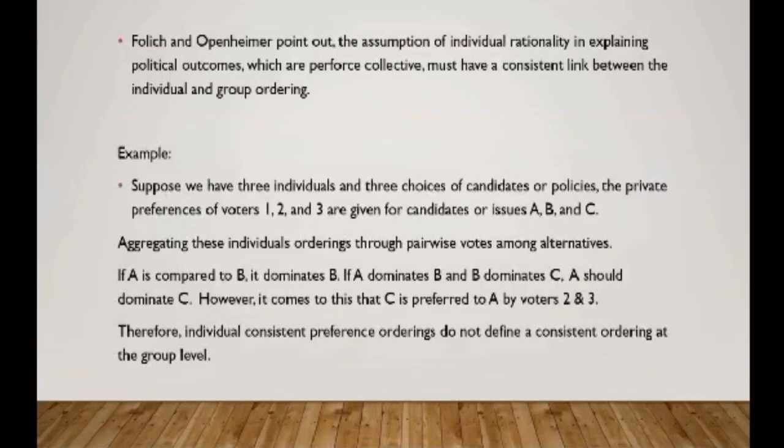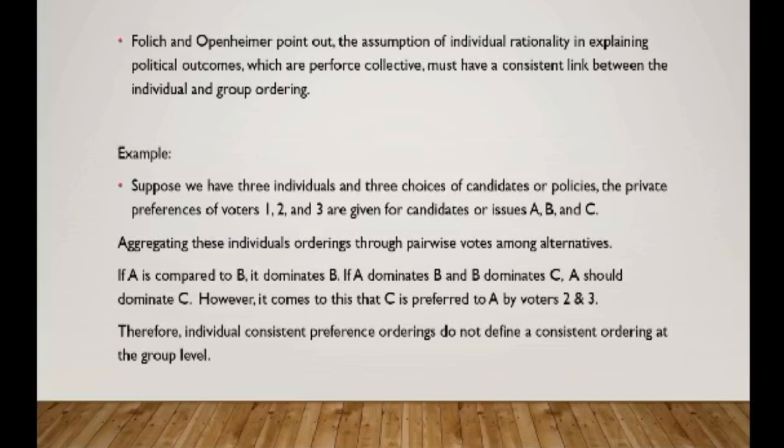Ferejohn and Fiorina also point out that the assumption of individual rationality in explaining political outcomes, which are perforce collective, must have a consistent link between the individual and group ordering. One example: suppose we have three individuals and three choices of candidates or policies.